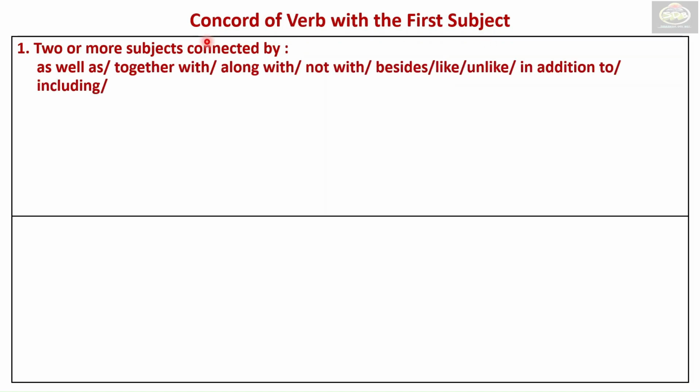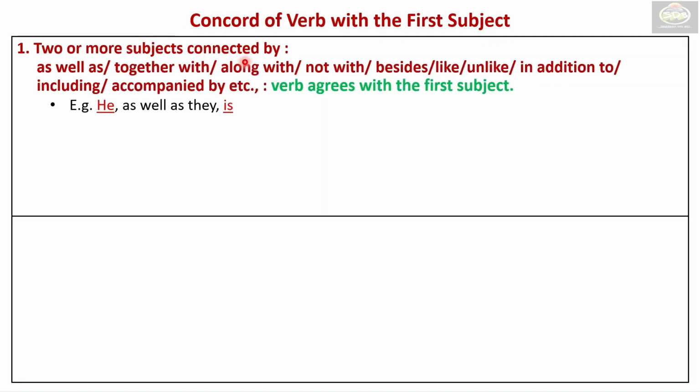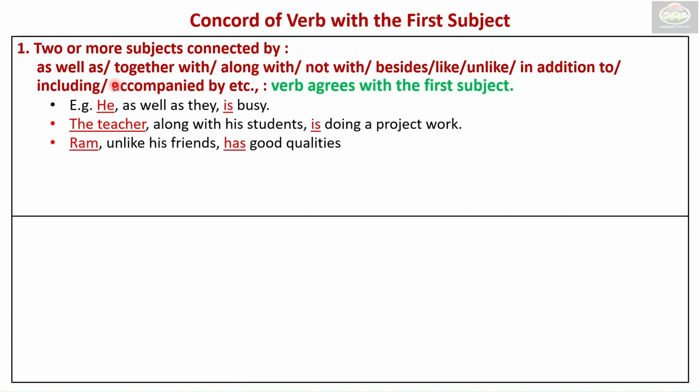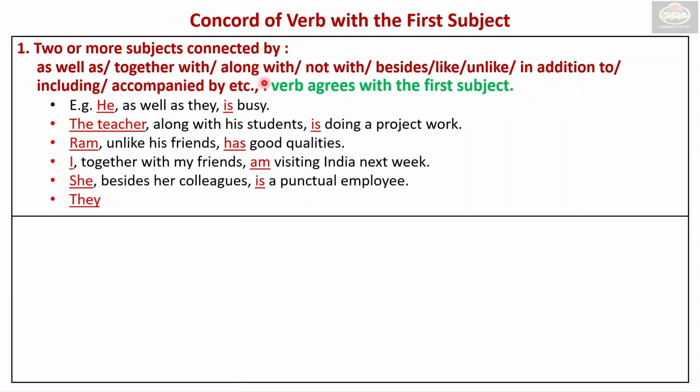The first rule is two or more subjects connected by as well as, together with, along with, not with, besides, like, unlike, in addition to, including, accompanied by, etc. If the two subjects are connected by these words, in such situations we have to make subject-verb agreement on the basis of the first subject.